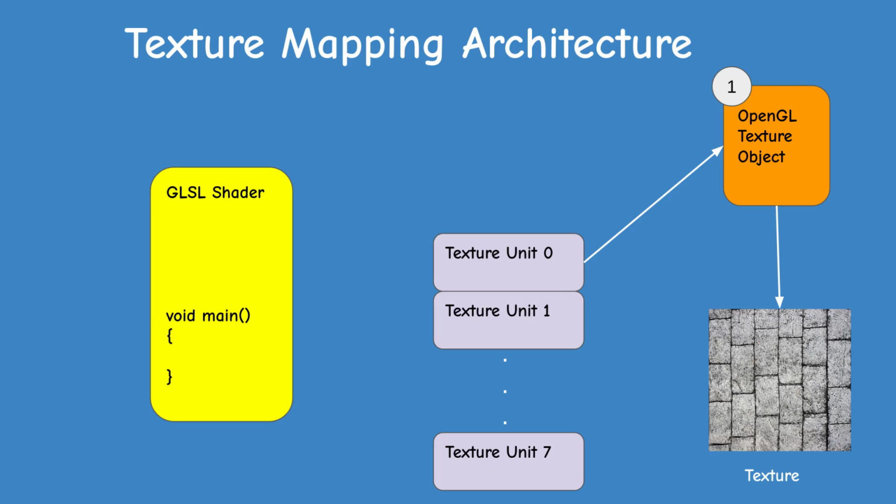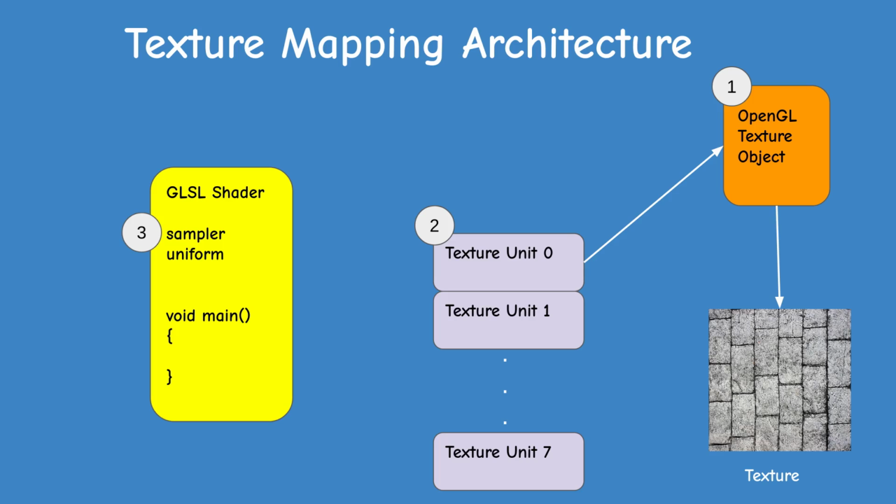So we have a texture object and a texture unit, and the third entity is the shader sampler. The sampler is a uniform variable, so in essence, it is similar to other uniforms that we are already familiar with, such as vectors and matrices. The job of the sampler is to provide an interface to the texture unit.